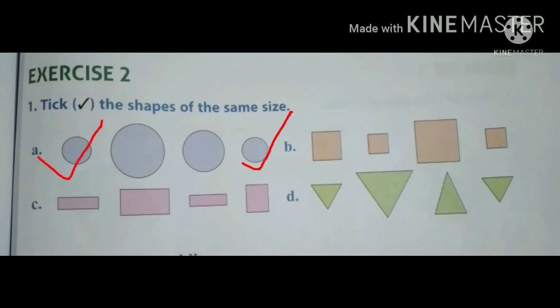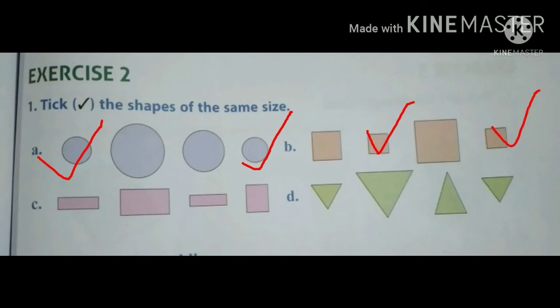So let us tick the first circle and the fourth circle. Okay, let us solve the B question. That is, here you can see 4 squares. Then tell me which squares have the same size. Yes, the second and fourth squares have same size. So let us tick the second and fourth squares.